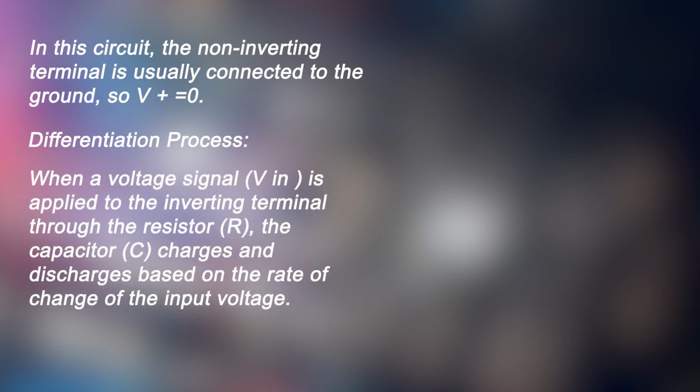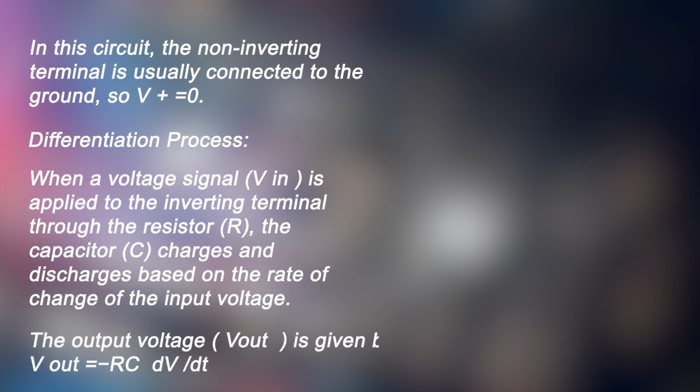The differentiation process: when voltage signal V in is applied to the inverting terminal through a resistor R, the capacitor C charges and discharges based on the rate of change of input voltage.